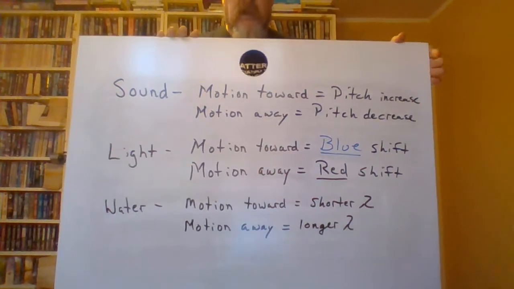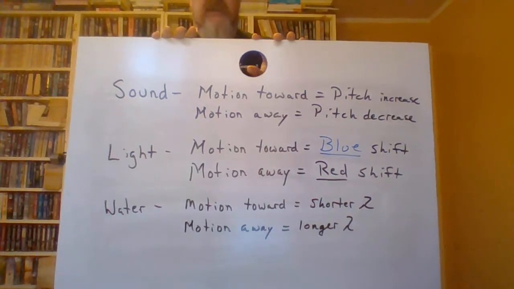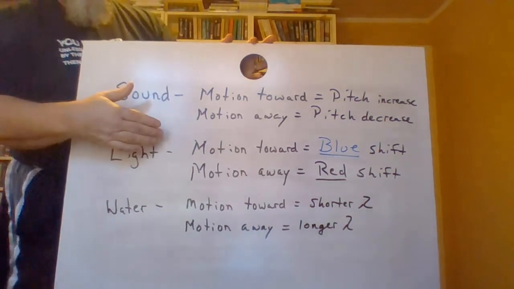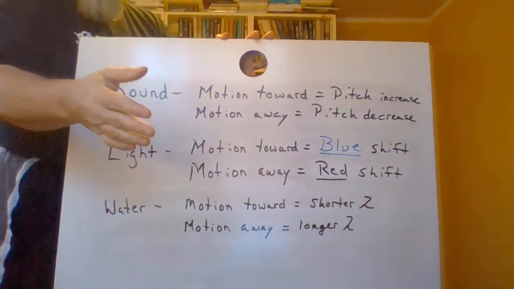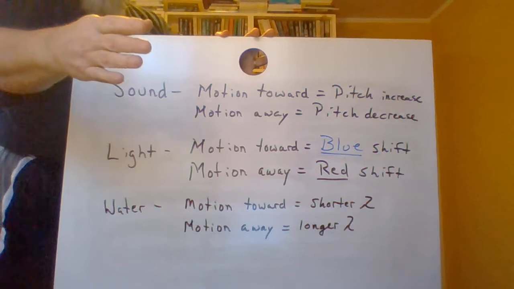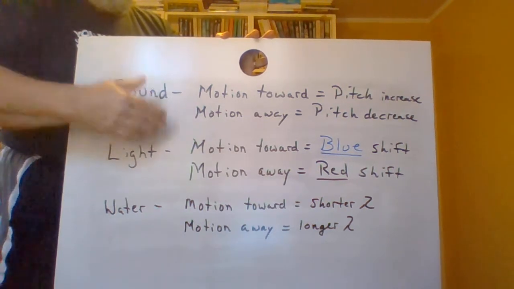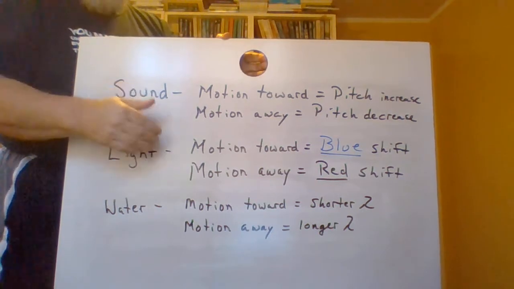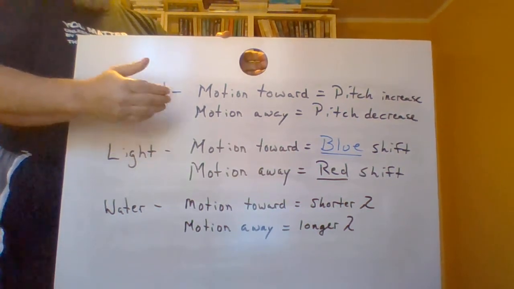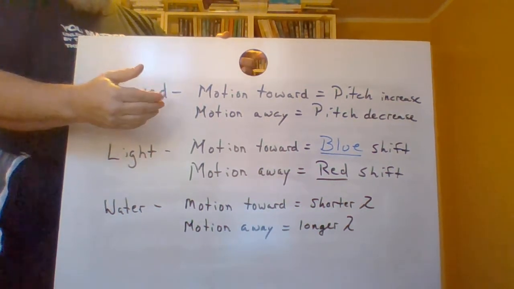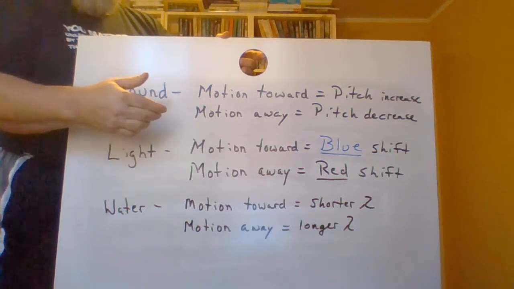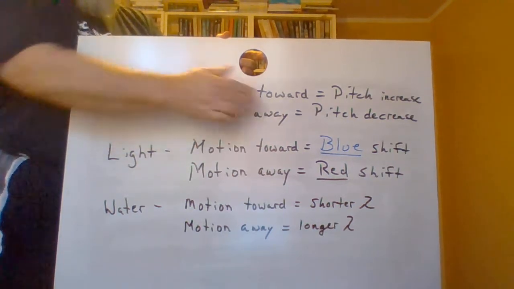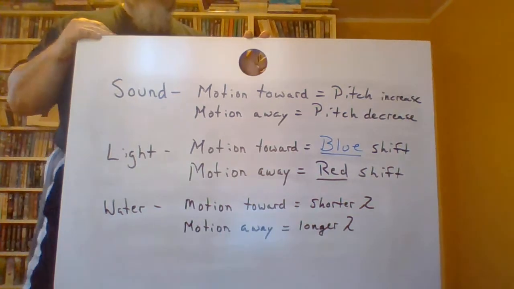That's the way we normally experience sound. If the motion is away, the source is moving away from you, the fire truck is pulling away from you, you are moving away from the fire station, you are moving away from a train sitting in the train station sounding its horn, okay? The motion is away, you're going to hear a lower pitch, all right?